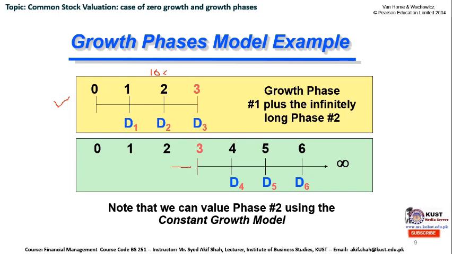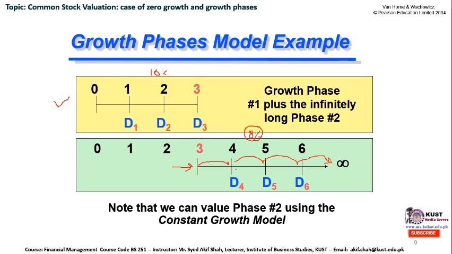However, the second section of the timeline states that the dividend will grow at the rate of 8% at the start of the fourth time period, or we can say at the end of the third time period. The same company's common stock will grow at the rate of 8% up to infinity.